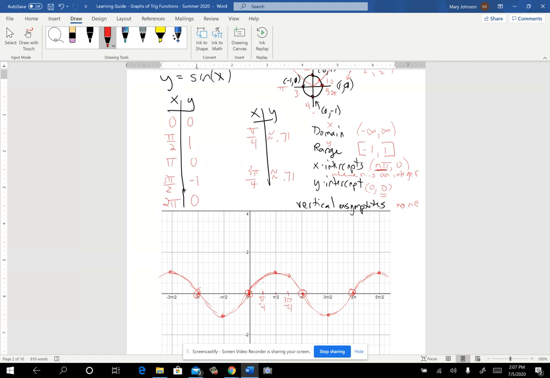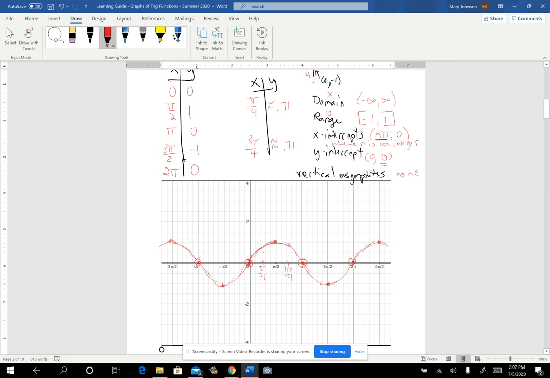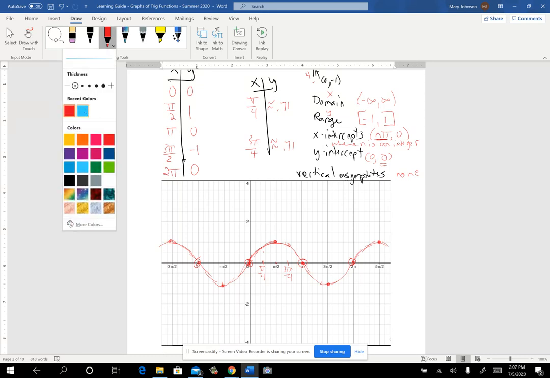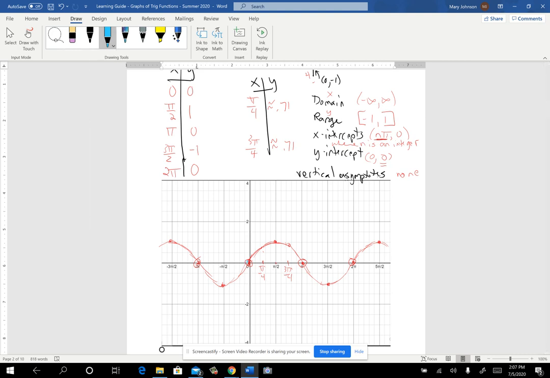All right, now two other vocabulary words I want you to know that are specific to trig functions. One of them is called the period of the graph. These trig functions are periodic, and the period is like the length of time it takes for the graph to repeat itself. Okay, so I'm going to do that in blue on this one. Do you see how we started here at 0? We wouldn't say pi is the period because it's not exactly repeating itself down here. Now it goes below.